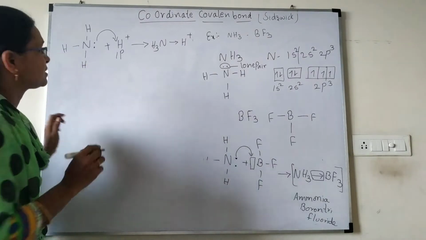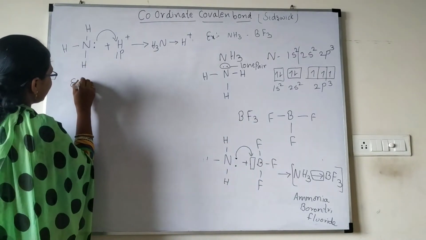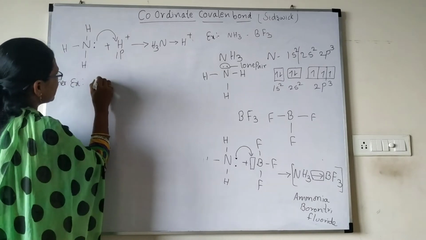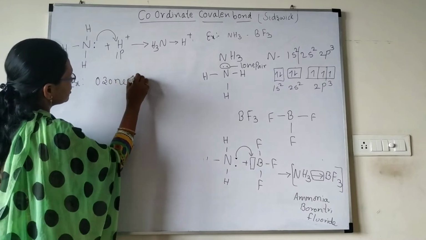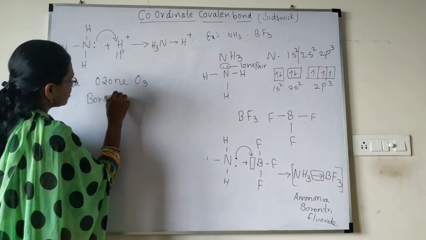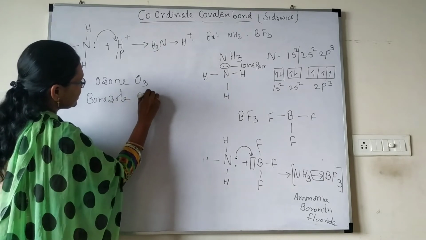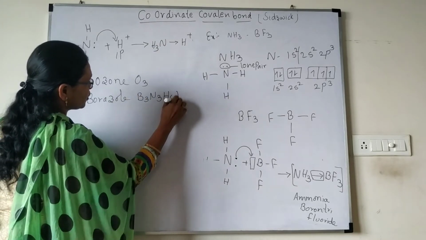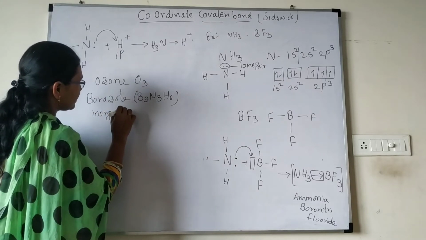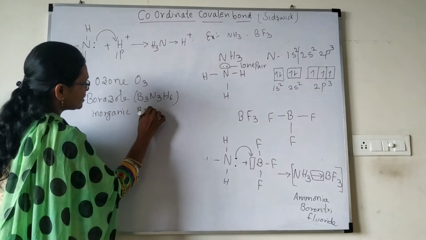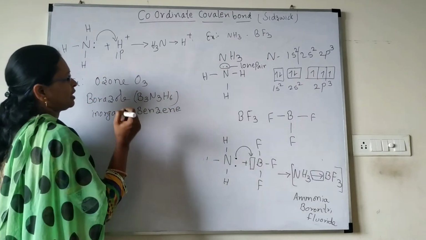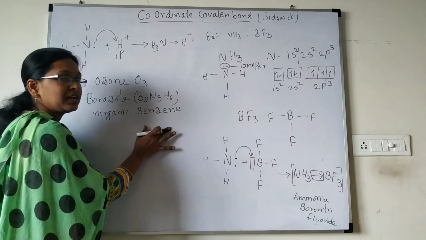Many other examples, like ozone. When you are considering ozone, you take the ozone molecule O3, and borazole, B3N3H6 is the formula, okay. This we can also call inorganic benzene, because the structure resembles the benzene structure, that is why we call it inorganic benzene.